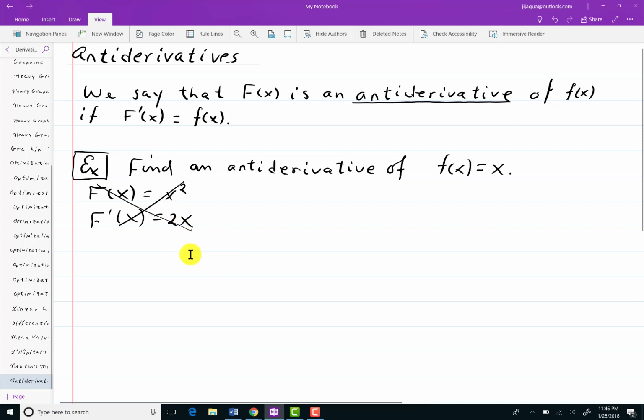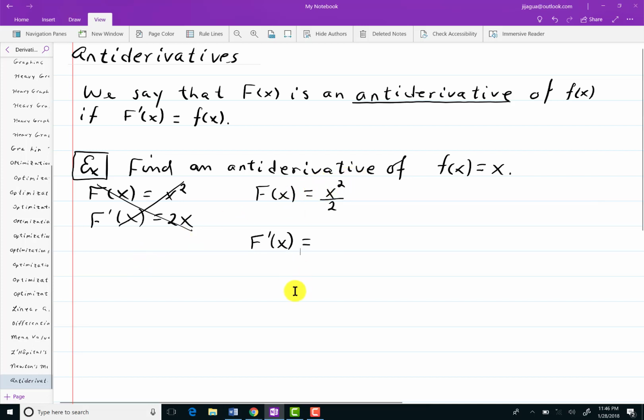But if I could instead have divided by 2, that would have canceled out the 2 that I had there. So as a capital F of x, I can try x squared divided by 2.